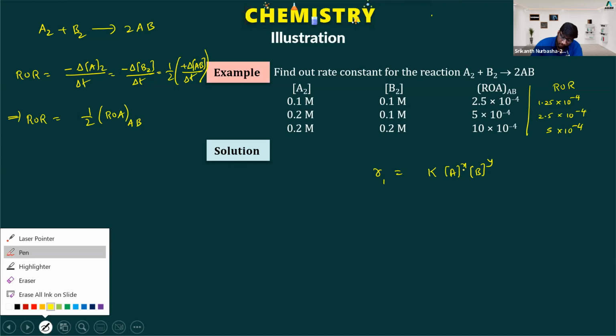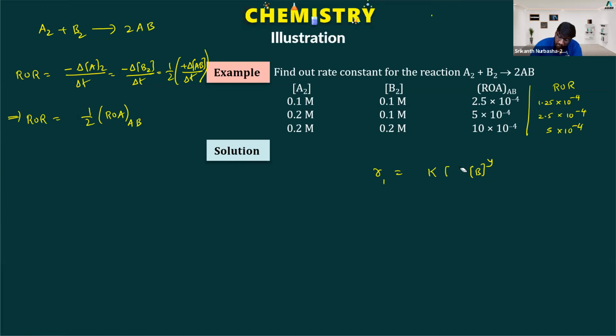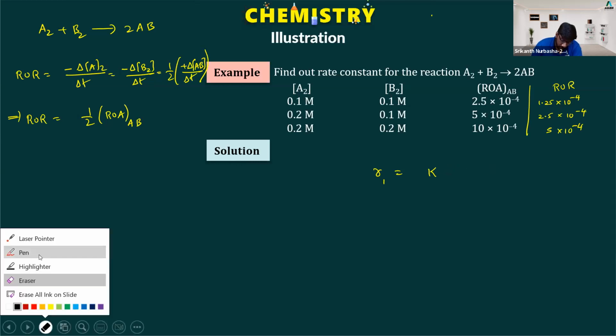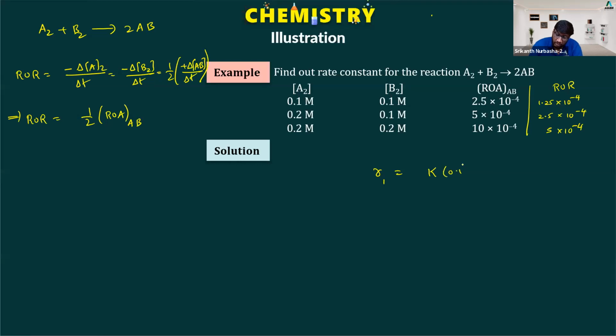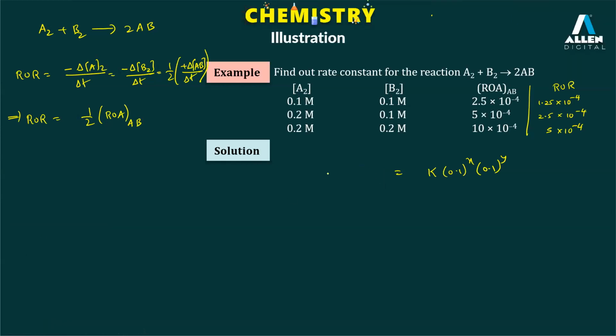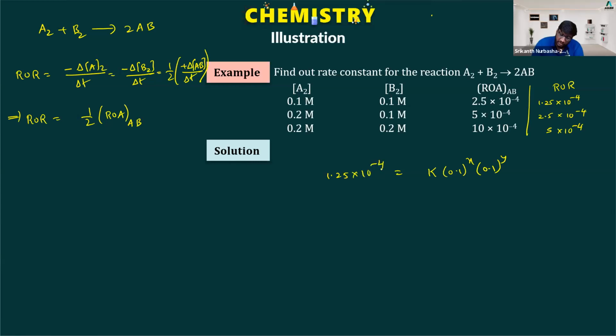I can substitute the values of the concentrations of A and B. So K into 0.1 whole power X into 0.1 whole power Y. How much is the rate? 1.25 into 10 power minus 4 is equal to K into 0.1 power X into 0.1 power Y. 2.5 into 10 power minus 4 is equal to K into 0.2 power X into 0.1 power Y. Divide by 0.1 power Y, K cancels, 10 power minus 4 cancels.